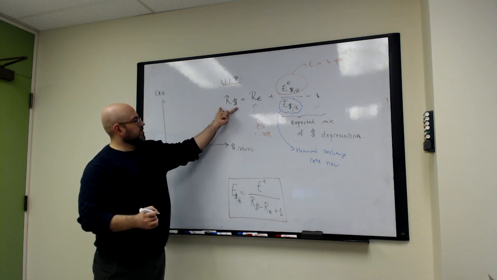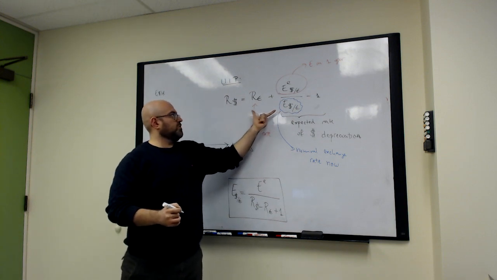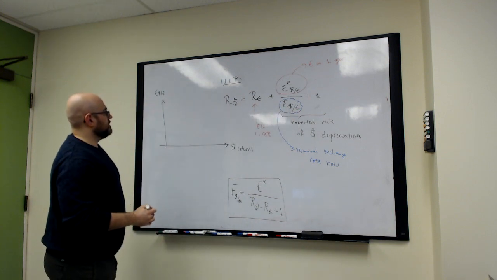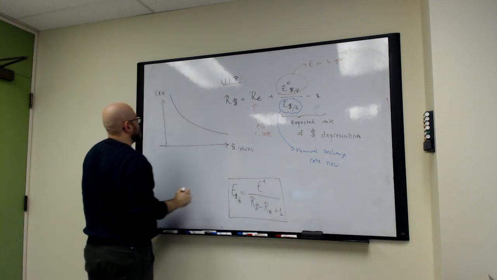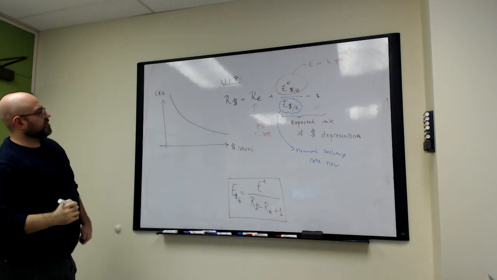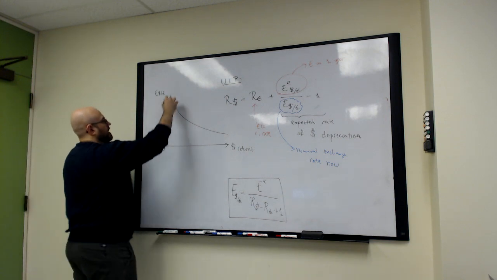So this is the dollar return to a US deposit and the dollar return to a European deposit, the entire right hand side. So what we've seen is that UIP will be downward sloping using this axis.